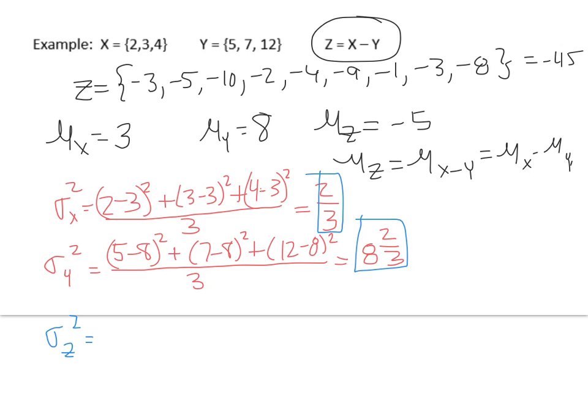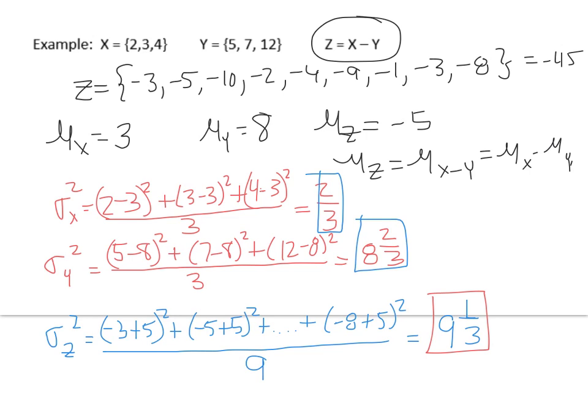I'm looking for the difference of the random variables, so maybe I should just subtract those two values and do variance of x minus variance of y, which would be 2/3 minus 8 2/3, which would give you a negative variance, but let's just call it 8. That the difference between the two is about 8, so the variance for z should be 8. I'm going to pause it one more time, and I'm going to generate for you the variance of z using the 9 elements of z and mu sub z, which is negative 5.